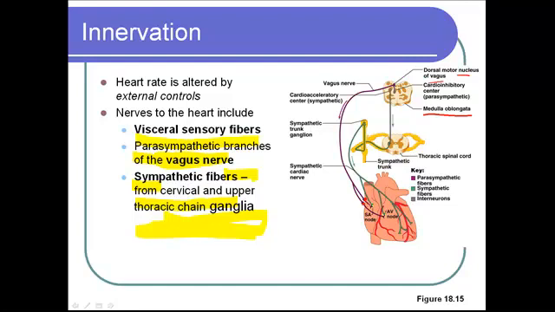So there's dual innervation to the sinoatrial and atrioventricular nodes. You'll notice also that sympathetically we have innervation to the left ventricle. So we need to know parasympathetic is vagus and sympathetic is fibers from the thoracic chain ganglia. Sympathetic chain ganglia. We already learned that.